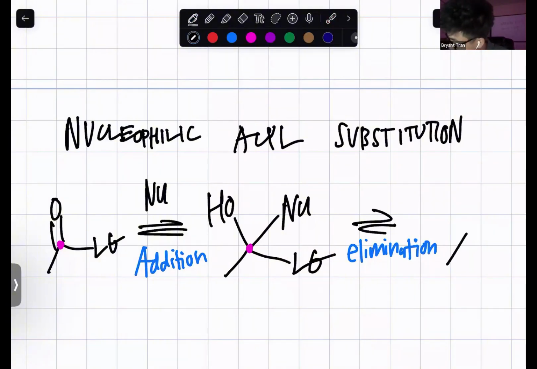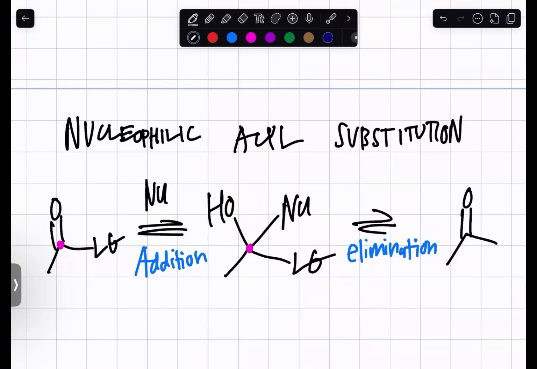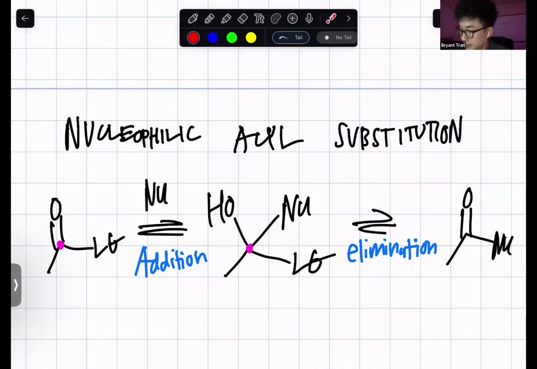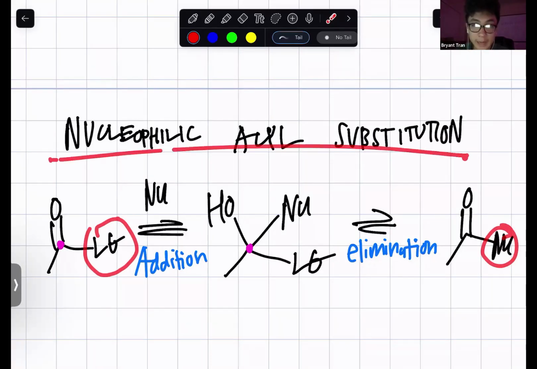So think of it as this oxygen uses one of its pairs of electrons to go down to form a double bond and kicks out that leaving group right there. Which gives us this structure here, where you notice that overall we substituted this leaving group with this nucleophile. That's the whole point of nucleophilic acyl substitution right there.